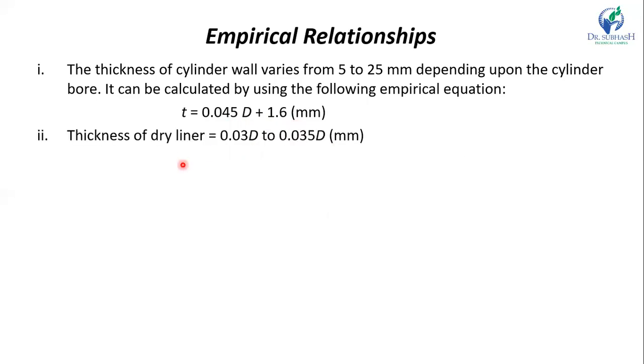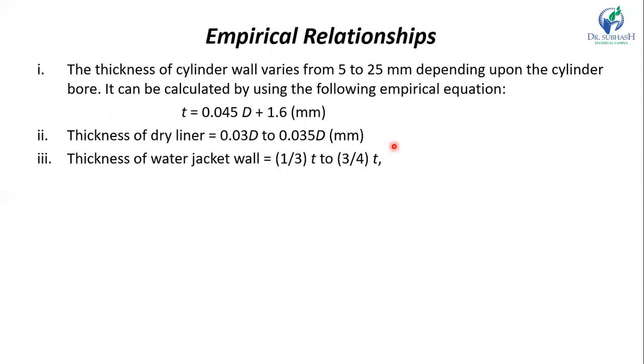Then the thickness of dry liner is taken as 0.03 D to 0.035 D, where D is the bore diameter. All these dimensions are in terms of, or with reference to, the bore diameter.